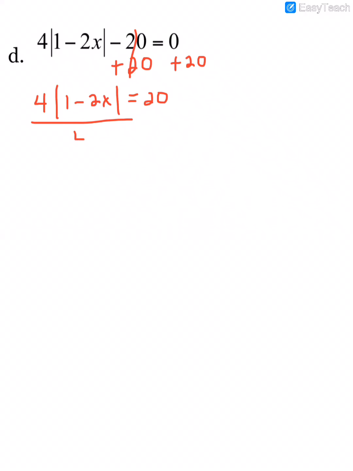Then I want to divide both sides by 4. And that gives me the absolute value of 1 minus 2x equals 5.